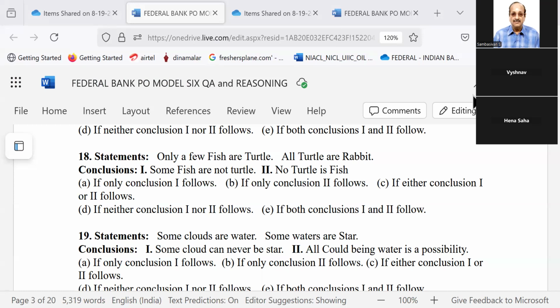I am having a material, but I don't know how to share it with you. It's a 4 or 5 pages material. I will copy it completely and give it in our WhatsApp group. Whether it will come correctly, I don't know.